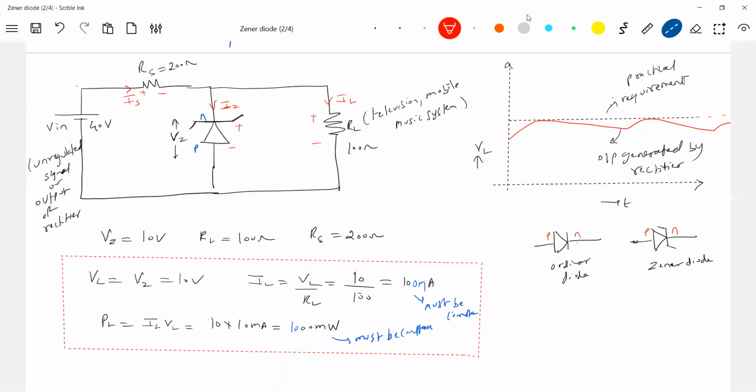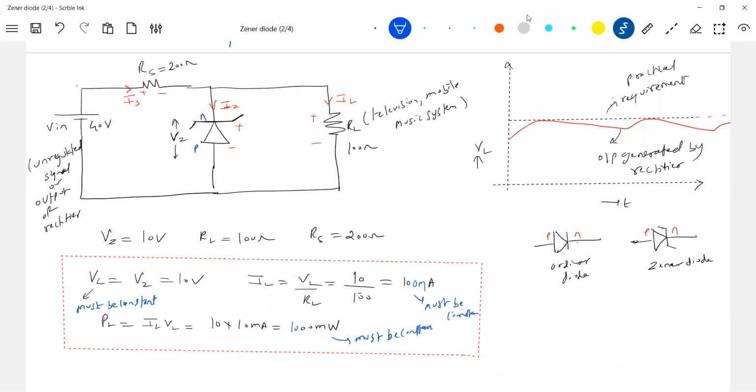And what is this VL? It should also be constant. VL equal to 10 volt. Will I agree this? So can you give a guarantee that Vin will always be fixed at 40 volt? And IS, can you give a guarantee that it will remain one fixed value?